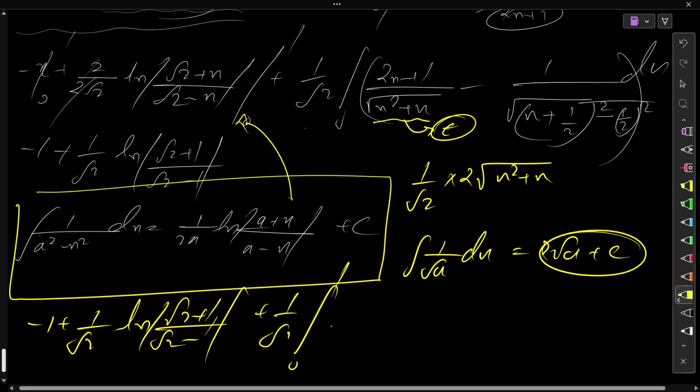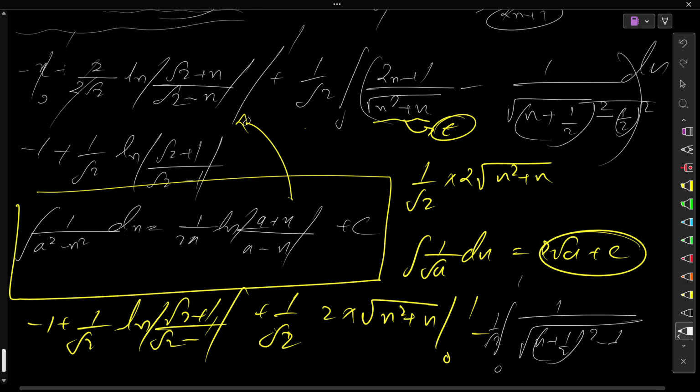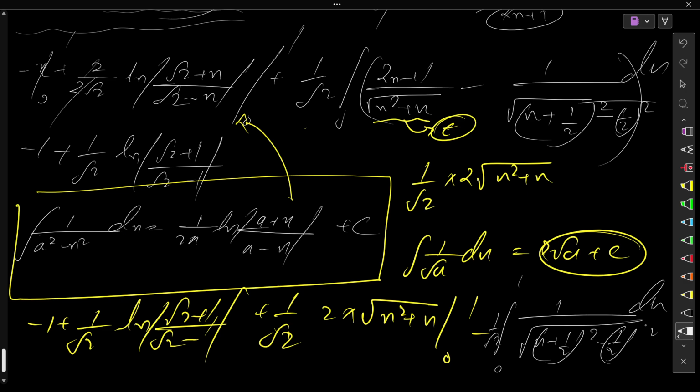This part has already been evaluated, so that is 2 under the root of x square plus x, limits from 0 to 1, minus the integral which is left: 1 by root 2 integral from 0 to 1 of 1 over under the root of x plus half whole square minus 1 by 2 whole square dx.